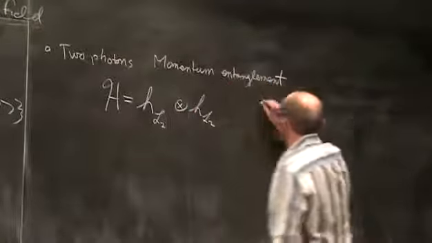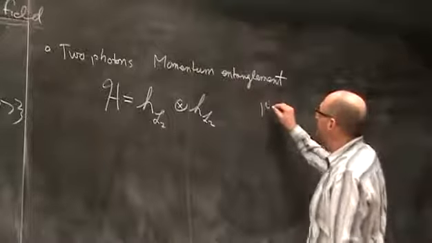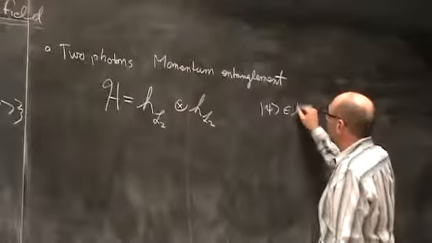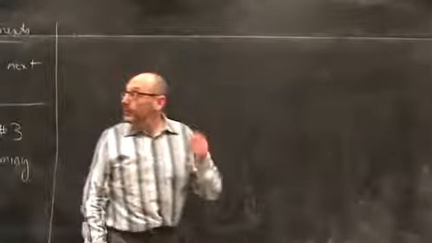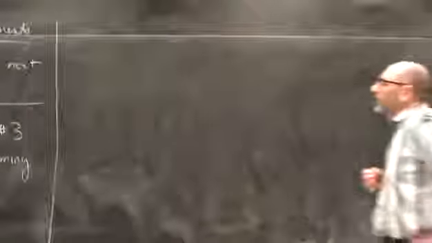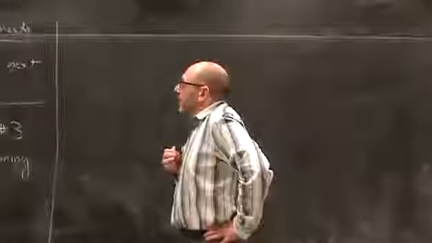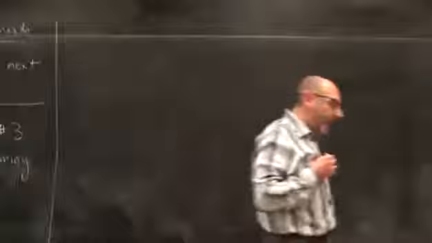So if we have some state, say, that is in one of these Hilbert spaces, what we've been talking about in the last few lectures is the general theory of entanglement, right? And we learned a few of the foundational points associated with that.